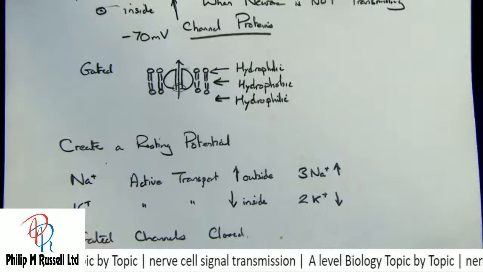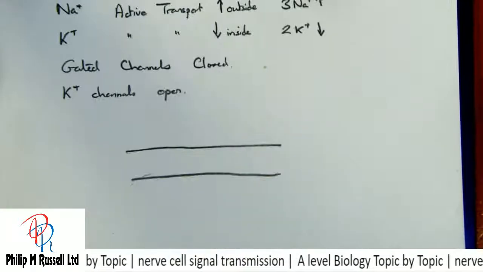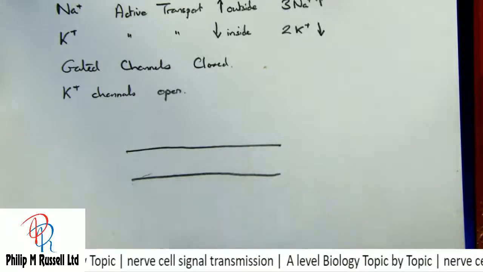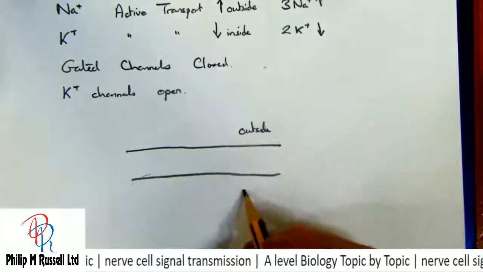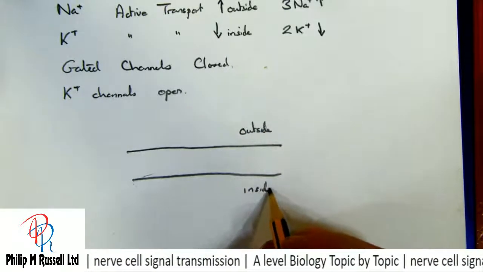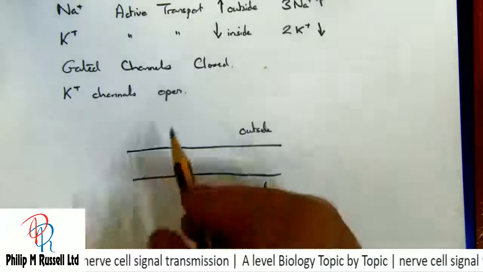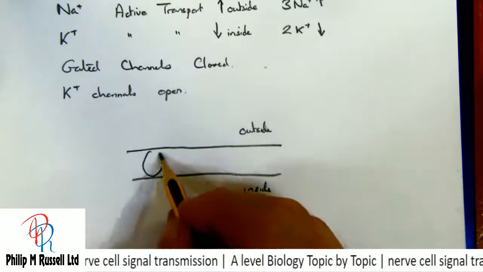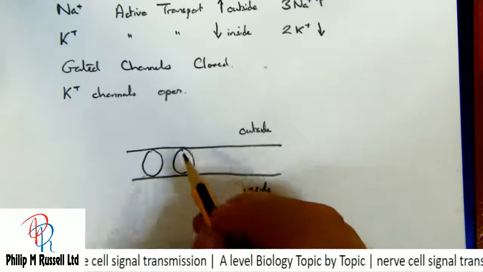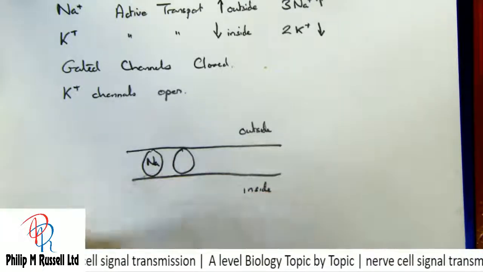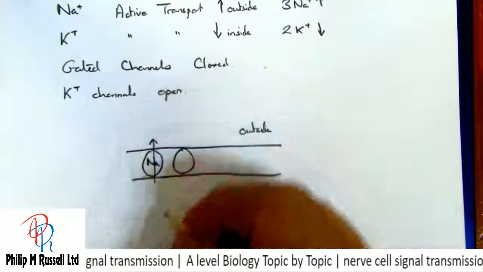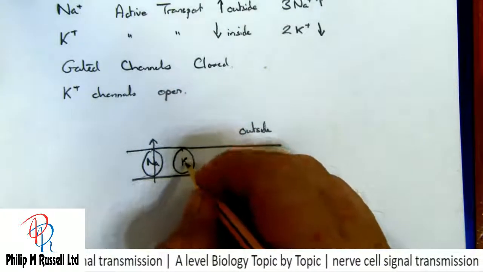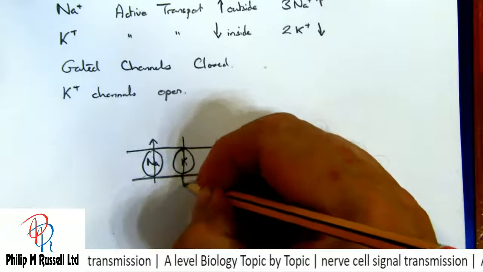Well, let's draw out our little membrane. If we have this as our outside, and here our inside, we've got some sodium channels. These are pumping the sodium out, and we've got some potassium ones going in.